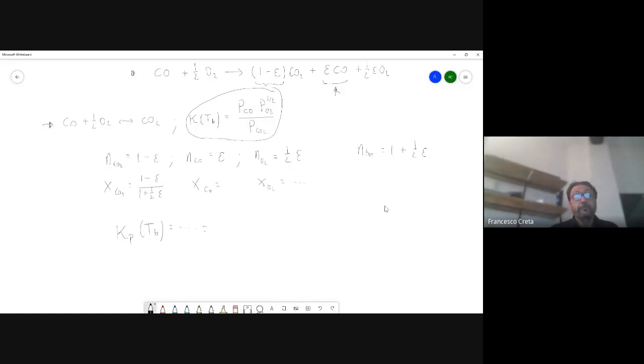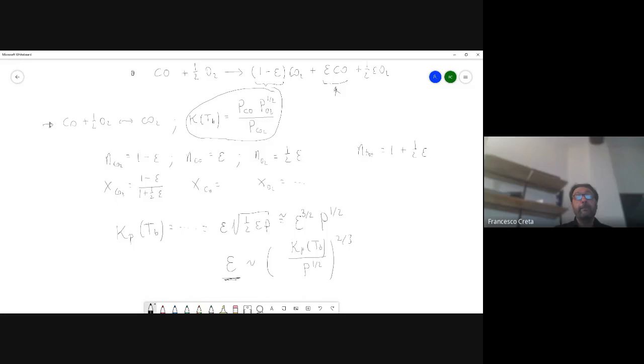At the end of the day, you'll have an expression of this sort: some epsilon to the power of 3 divided by 2 times the pressure to the power of 1/2. So the bottom line is now we can express epsilon as some equilibrium constant, which only depends on the temperature, divided by the pressure, to the power of 2/3.